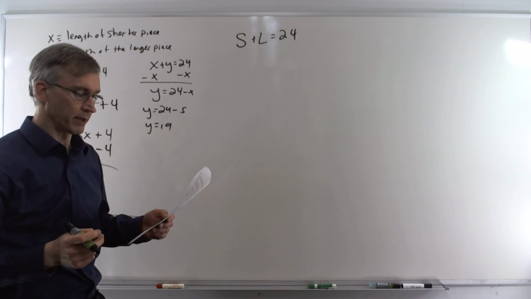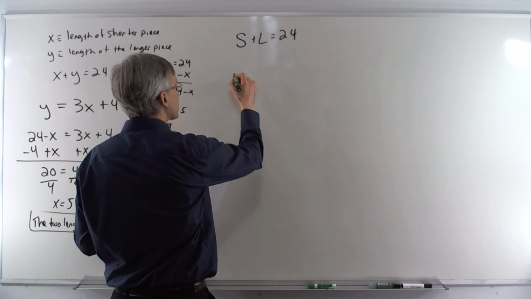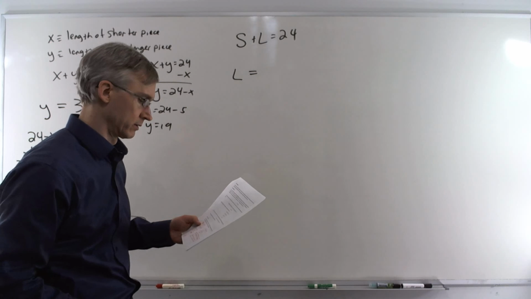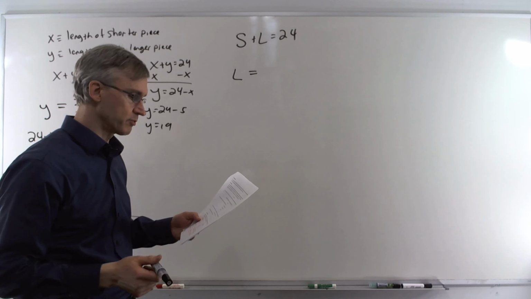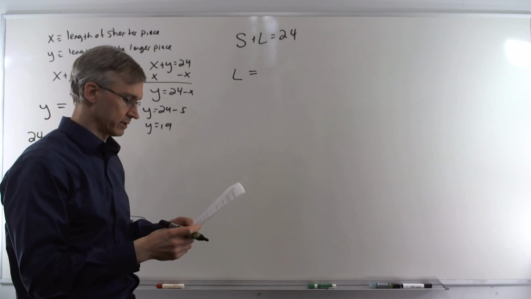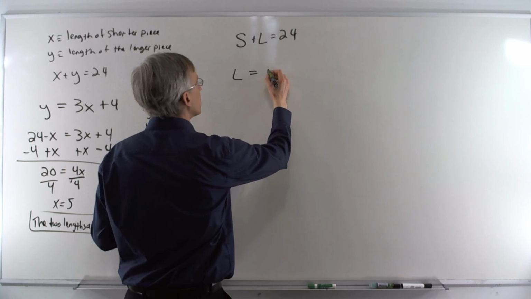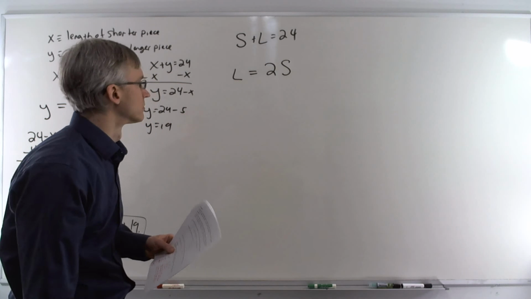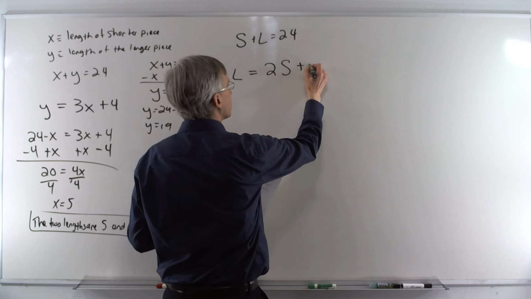The length of the longer piece is, right, so there's our equal sign. The length of the longer piece is L equals 6 inches more than twice the length of the shorter piece. So we'll start with twice the length of the shorter piece. So that is 2s. And then we want 6 inches more than that, so plus 6.